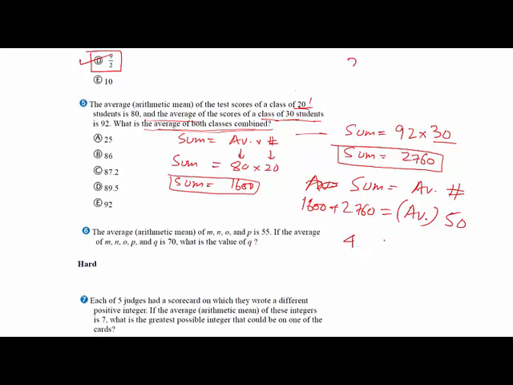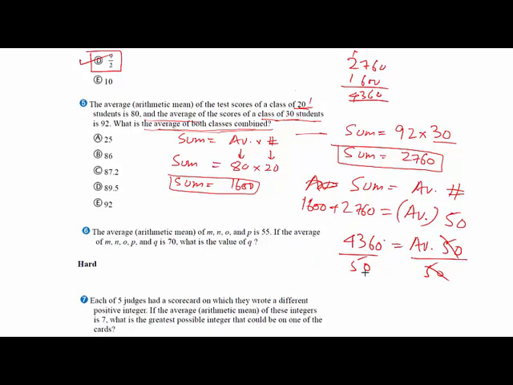We can do it here roughly: 2760 plus 1600 is 4360. So 4360 equals average times 50, dividing by 50 on both sides.